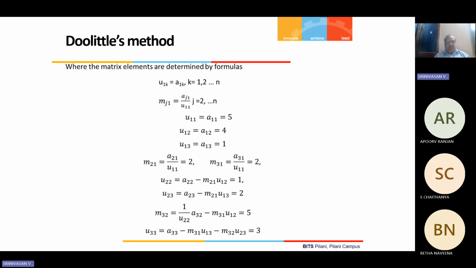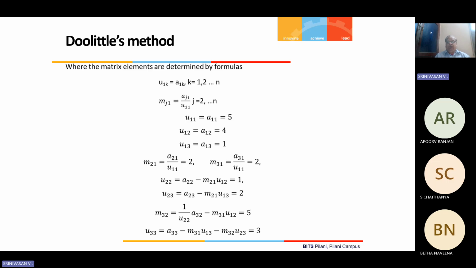Almost the entries are given to be the same, but you need to check whether they are one and the same, or if there is any slight change, you have to act accordingly. You have to think of the formula, but if you are able to remember this, you can have some kind of distinction for understanding. Okay, right. So we have found U11, U12, U13.